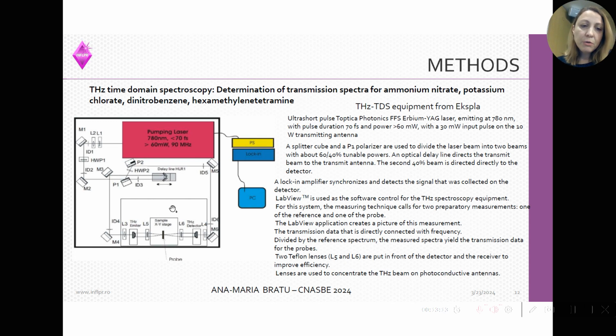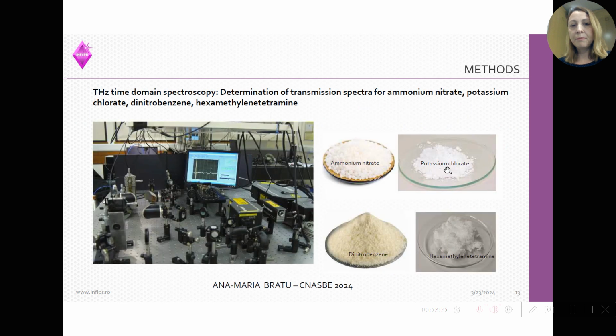Here you can see the probe placed between 2 antennas and the detector, and the spectrum of the substances is realized in the transmission mode. This is the laboratory equipment that is connected to a computer with a LabVIEW program.